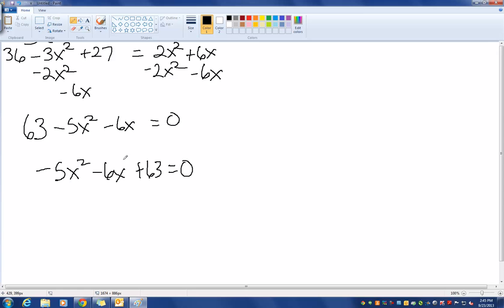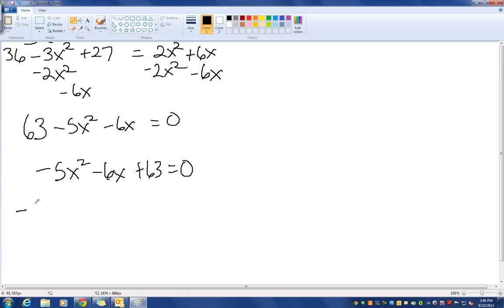Now, we first look to see if there's any common monomial factor we can pull out. We cannot. So the next step is to factor this by multiplying these two.